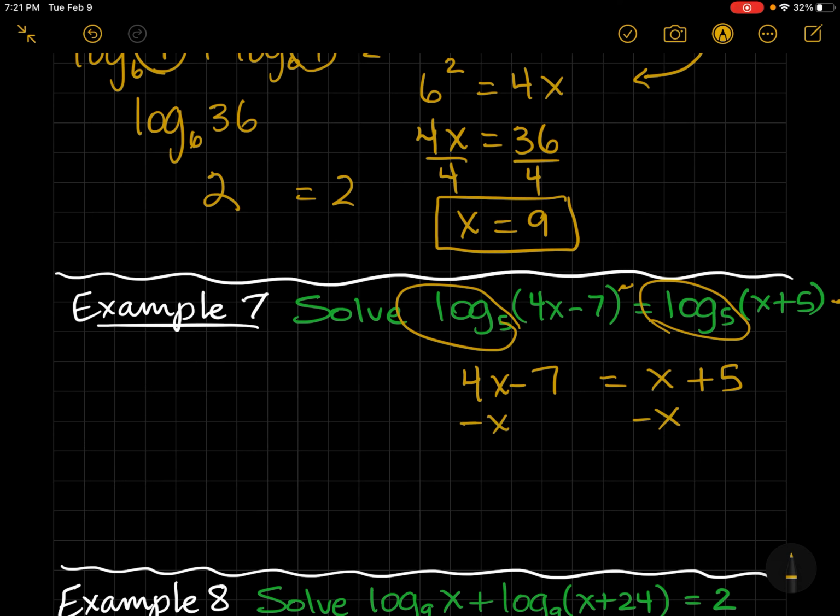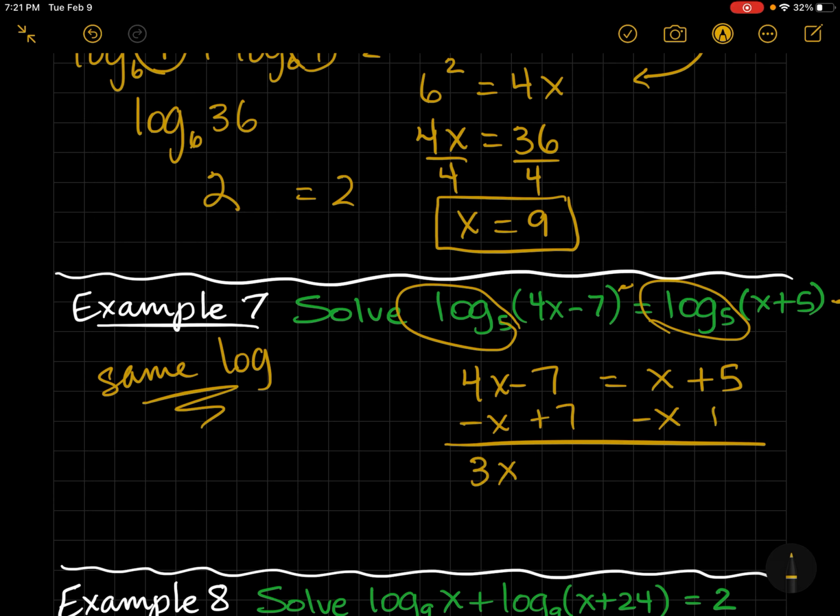Alrighty, and now I can simply solve this equation. So same log makes it real easy. Okay, so I have 3x here, and I'm going to add 7, and I have 12. X equals 4. I have to double check that these two positions are positive.